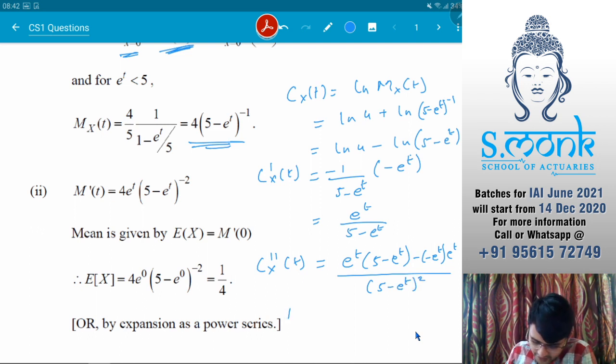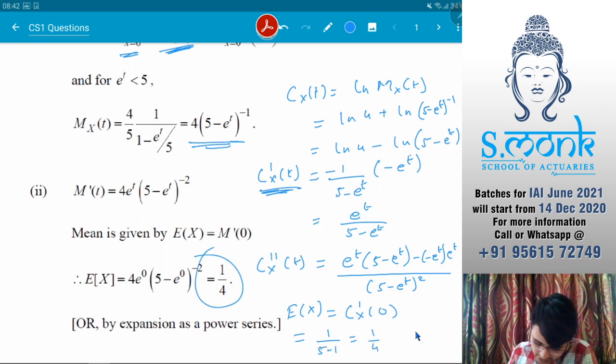Now if I want to find expected value of x, all I have to do is substitute t equals 0 here, cx dash 0. If I put t equals 0, I'll get 1 upon 5 minus 1, that would be 1 by 4, that is what we got here.